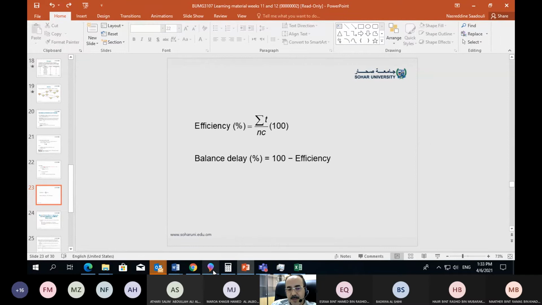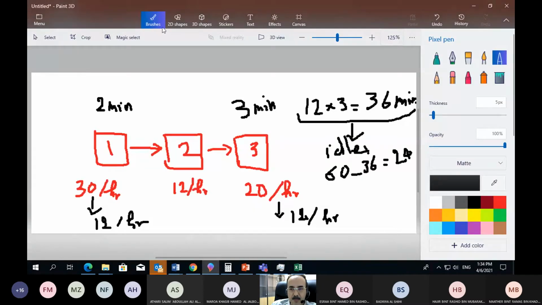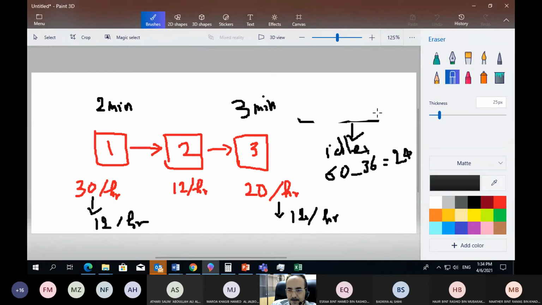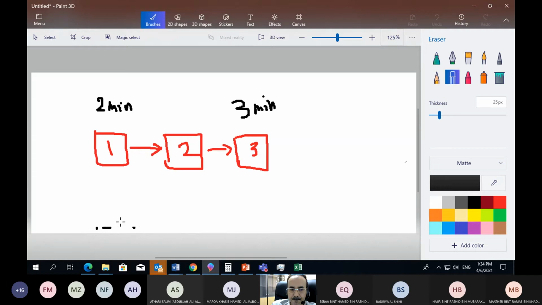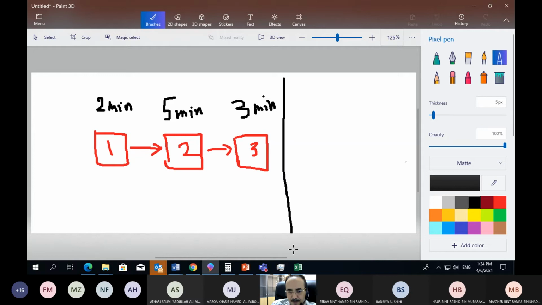What does the number of stations mean and so on? So if I go back to this example here, if this is, again, 5 minutes, in this example n is 3 because I have 3 stations.